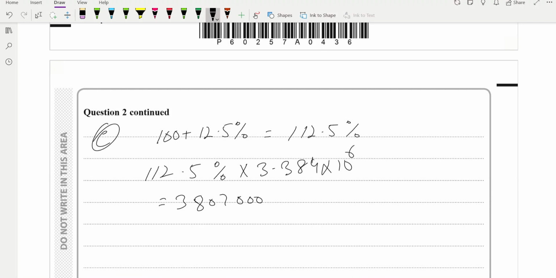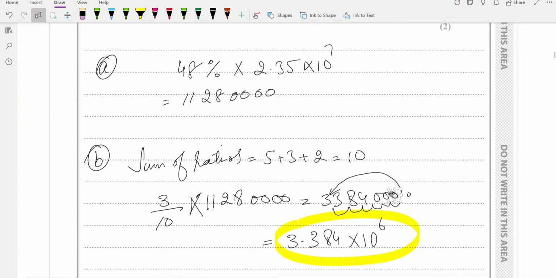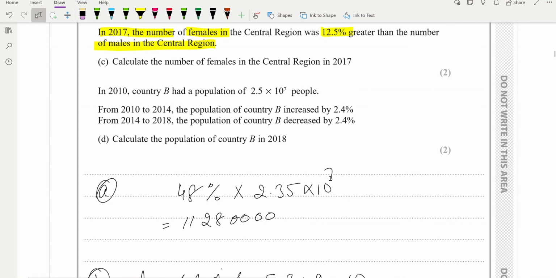So this is our answer for part C, which we have completed. This is a 2 mark question.